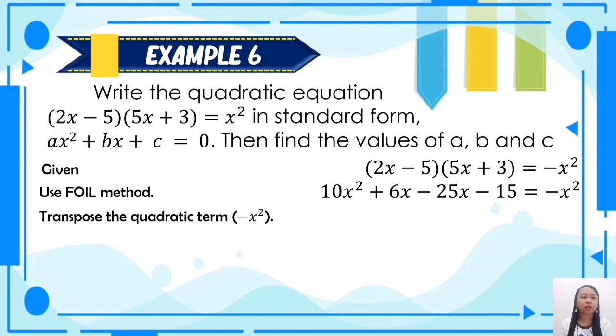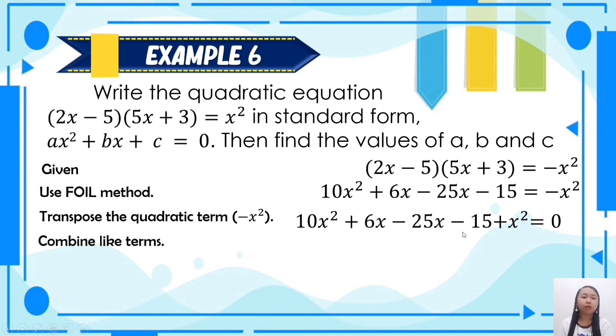Next is to transpose negative x squared. So 10x squared plus 6x minus 25x minus 15 plus x squared equals 0. And then, we need to combine like terms. So look for the similar terms. We have 10x squared and positive x squared.